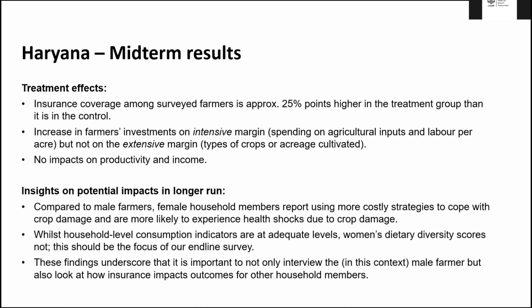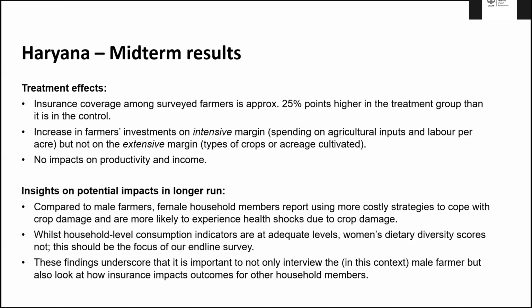And then we see that women's dietary diversity scores are inadequate, whereas household level consumption indicators are actually adequate. So had we not interviewed female household members, we would have actually missed some areas where insurance can benefit household members, but not necessarily the farmer that is taking up the insurance product, but other members of that household.